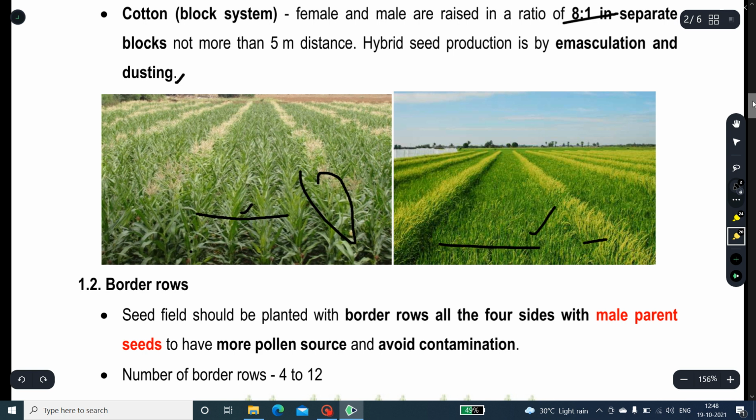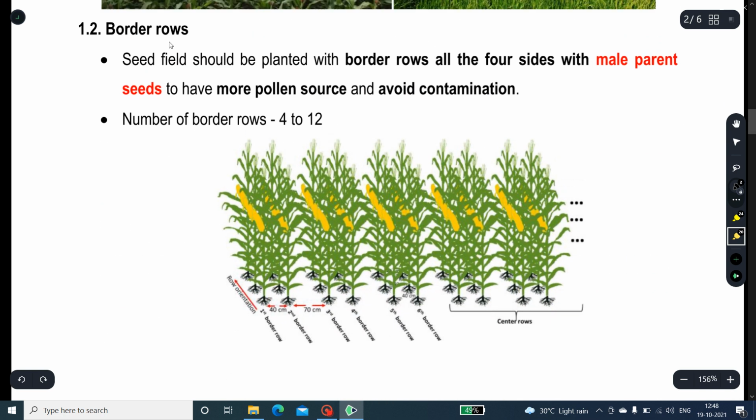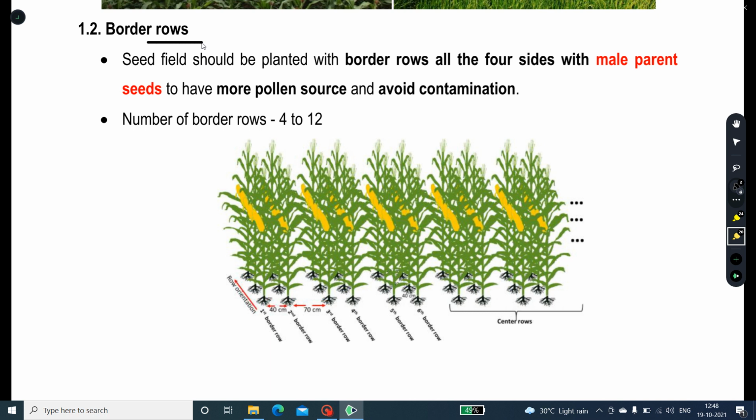The second important aspect is border rows. This is also very important. The seed field should be planted with border rows on all 4 sides with male parent seed, not female parent. The 4 sides of the field should be planted with border rows of male parent seeds to have more pollen source and also to avoid contamination.